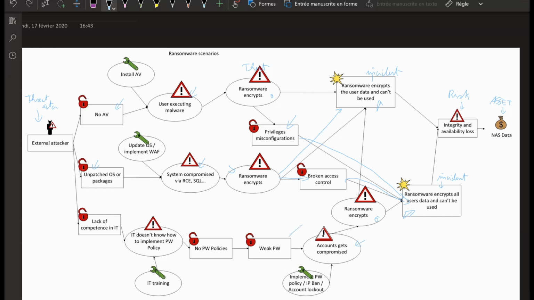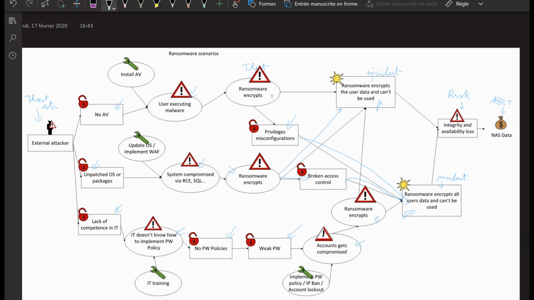Because we had a vulnerability, a weak password, because we never had any kind of password policies. But how did this happen? It happened because our IT staff doesn't know how to implement a password policy. They don't know how to do it, and this was possible because they do not have any competence in this field, for example.